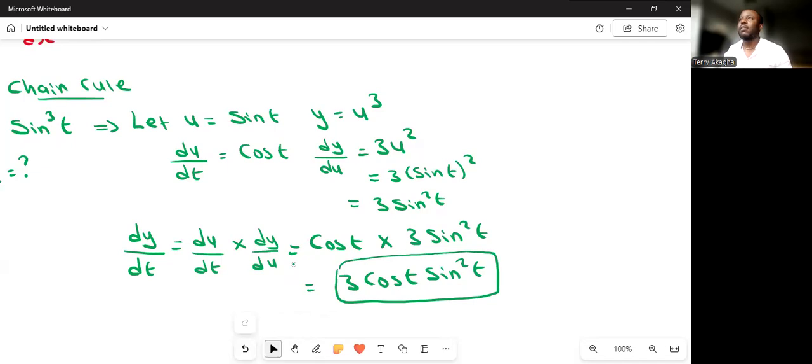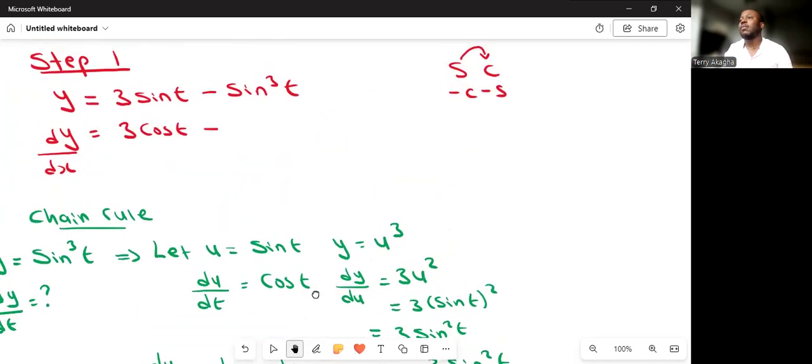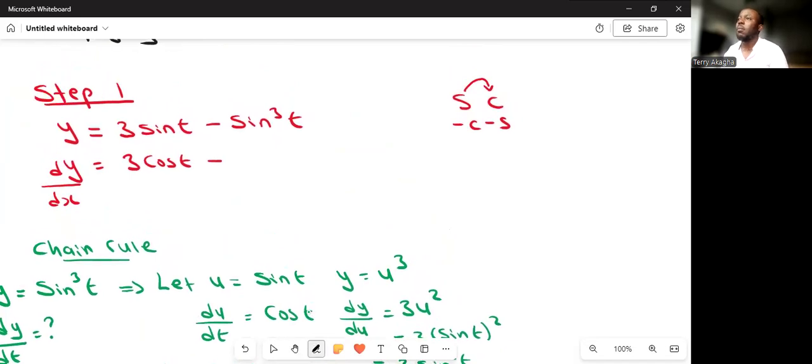3 cos t sine squared t. So we're going to go back there now and put the answer for this. It's going to be minus 3 cos t sine squared t.